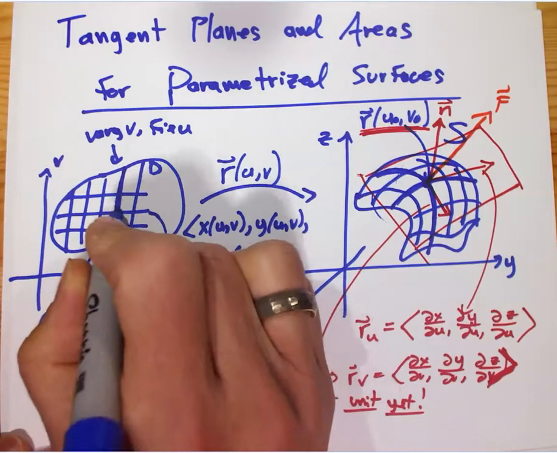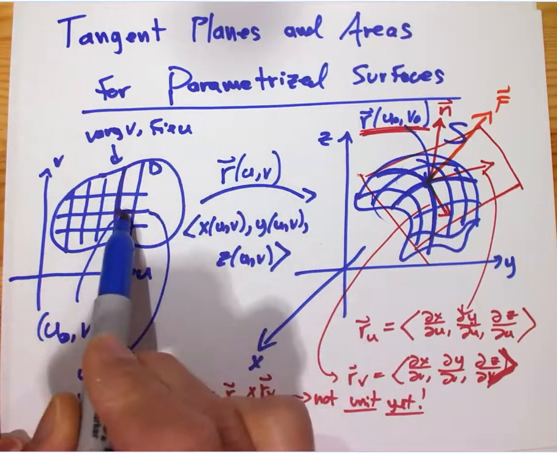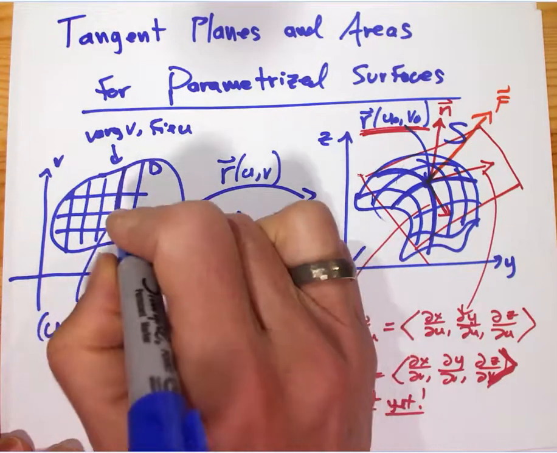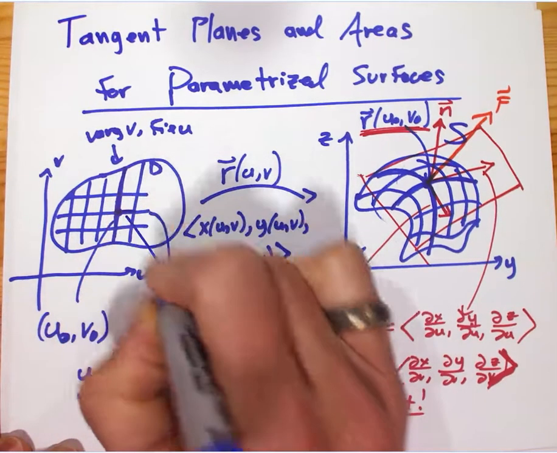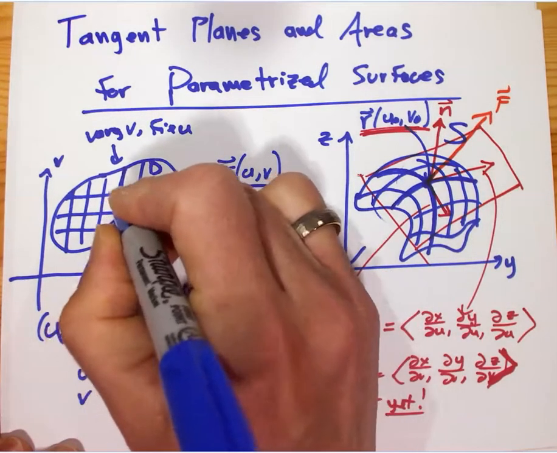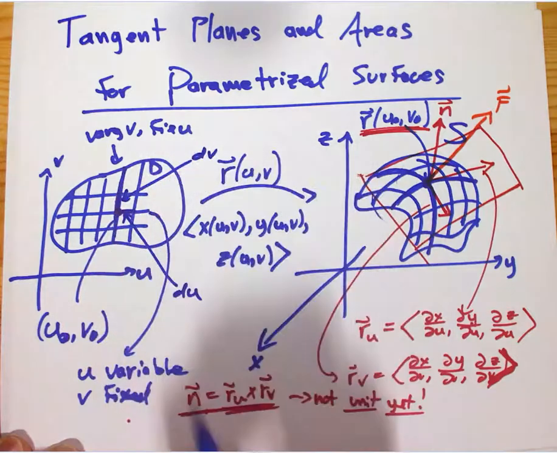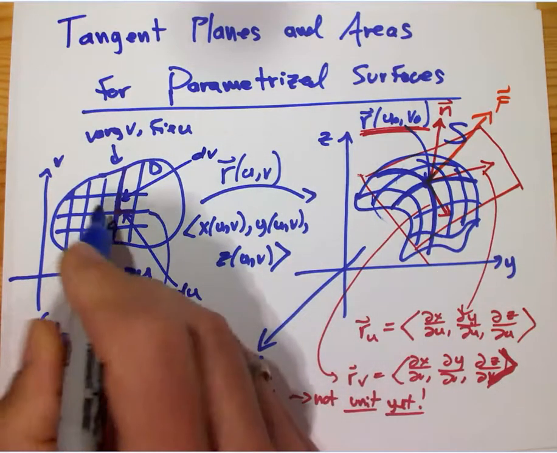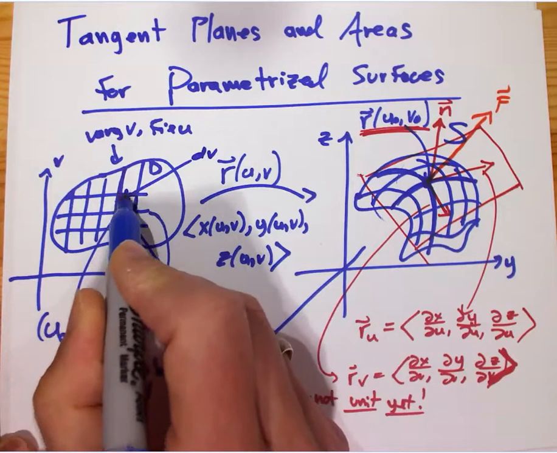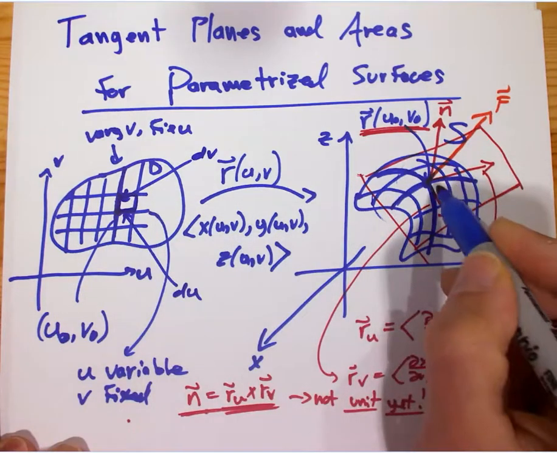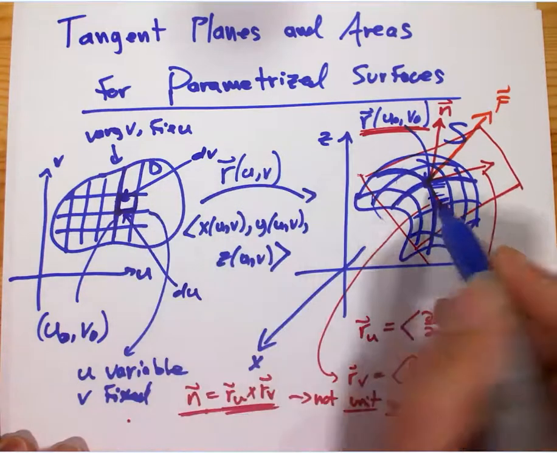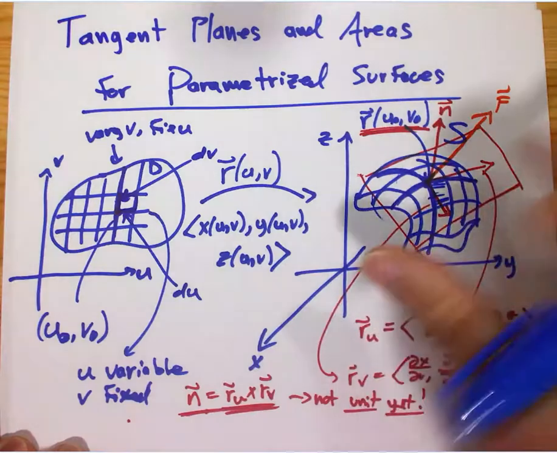We're going to take this point, and what I want to imagine is this actually is a very microscopic grid, and that the amount of grid spacing here is an infinitesimal amount du, and the amount of grid spacing here is an infinitesimal amount dv.